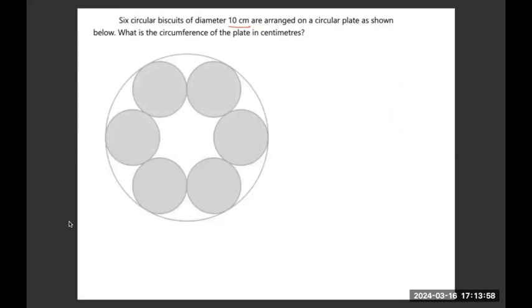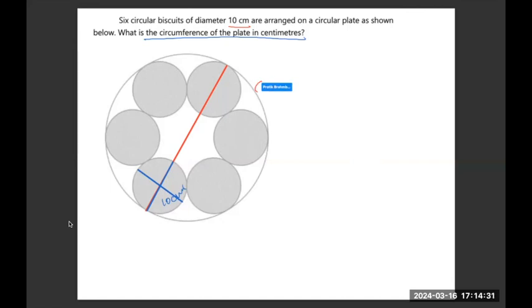So when I draw a total diameter like this, one part, which is this much, and this much, is equal to 10 centimeters. What you have to find is the circumference of the bigger plate in centimeters.